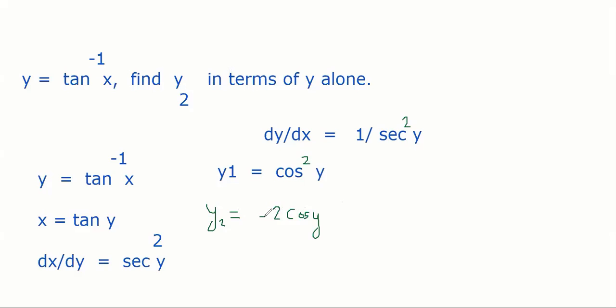So put the minus here, sin y, and then y remains, so dy by dx. That's why the basic concepts are important when we differentiate: because y is a function, it's not x, it's y. So y2 is minus 2 cos y sin y into dy by dx, right?